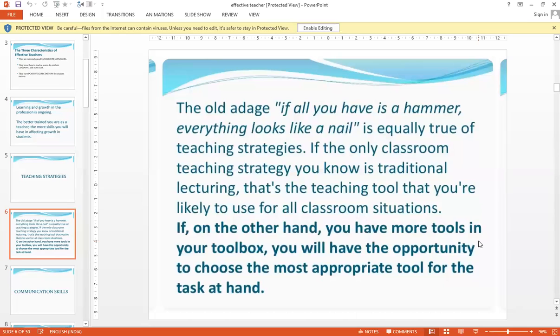But if, on the other hand, you have more tools in your toolbox, you'll have the opportunity to use the most appropriate tool for the task at hand. Which means if you're well equipped, well acquainted with the skills and all the knowledge from outside, it will enable you to teach in such a way that the students get attracted towards you.